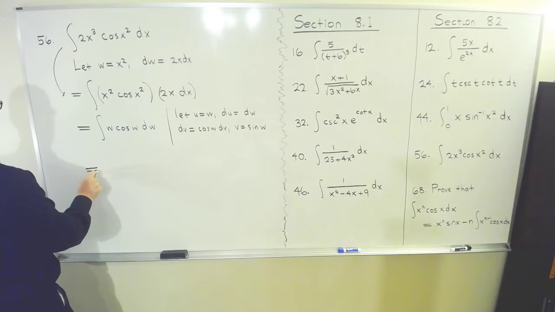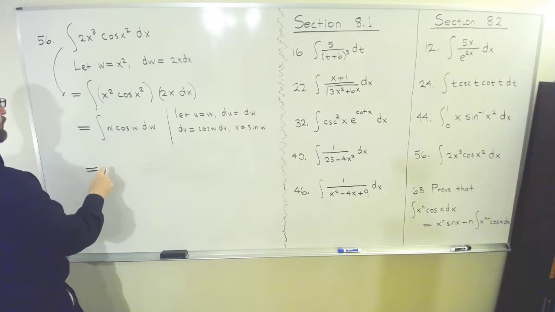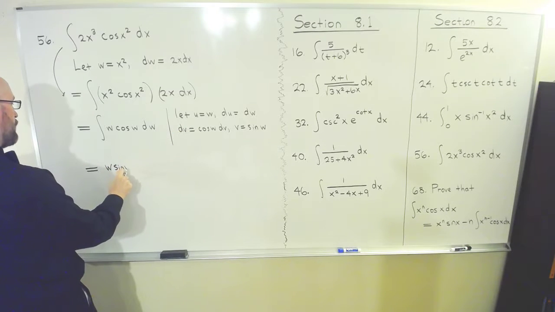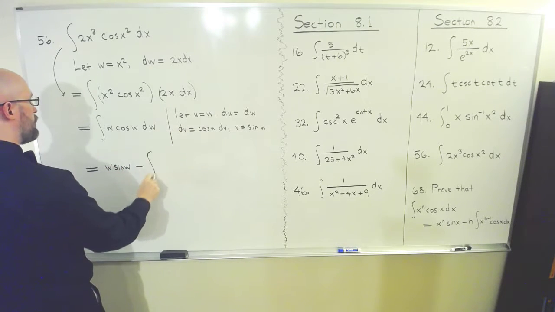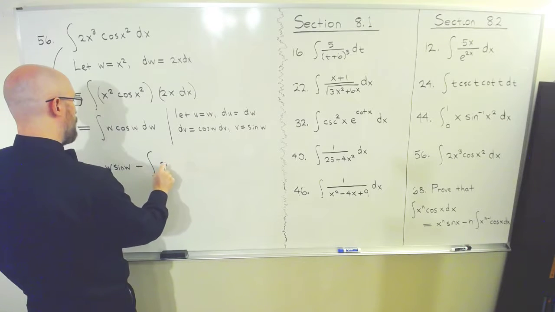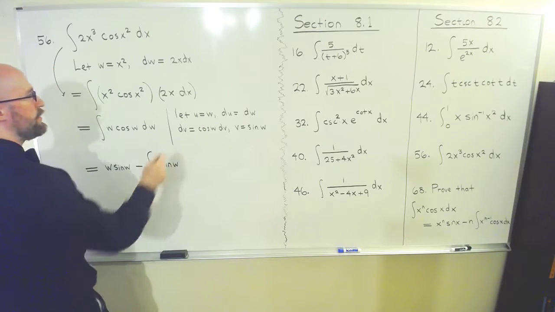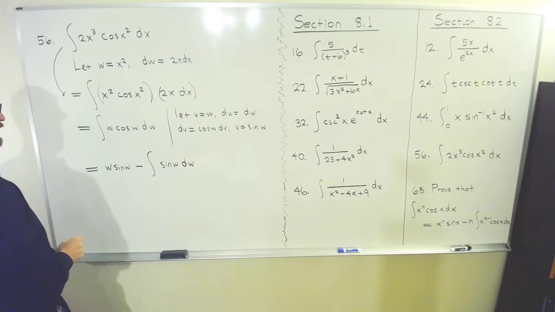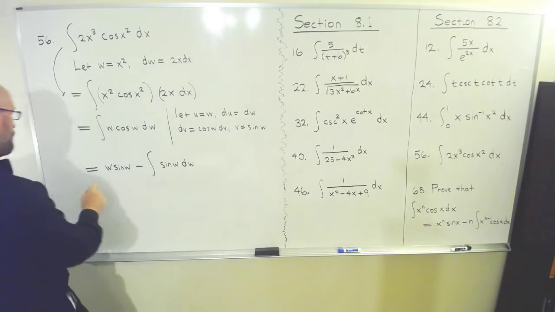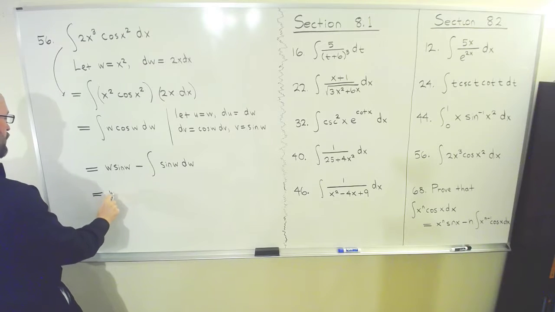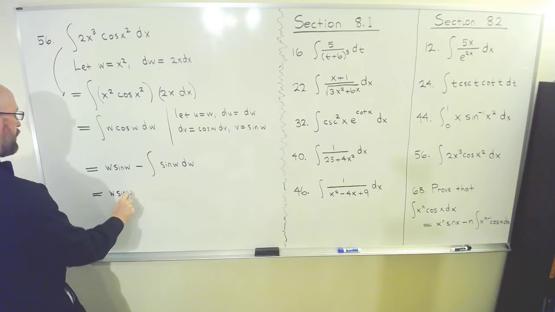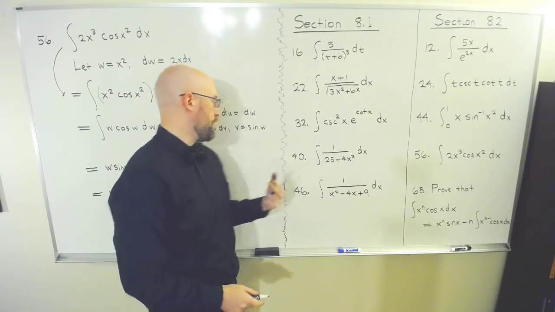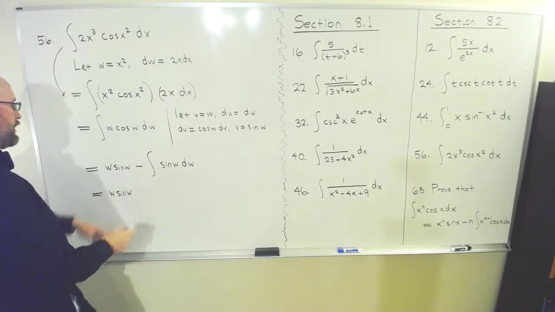So then the integral becomes, I have my uv, so this is w sine w, minus the integral of v du, so this is sine w, du is just dw. And so then this becomes integral of sine w dw. Now when I differentiate a sine, I get a positive cosine. So when I integrate a sine, I ought to get a negative cosine.